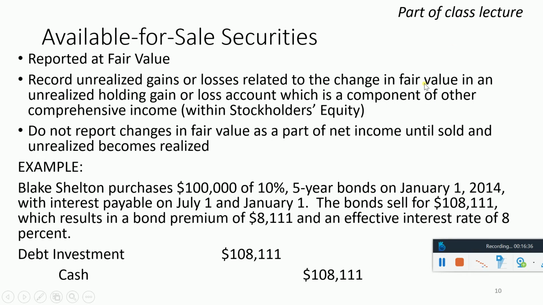So next up is available for sale securities. As the summary indicated, available for sale securities are going to be reported at fair value, and we are going to record any unrealized gains or losses related to the changes in that fair value in an unrealized holding gain or loss account, which, as I already mentioned, is a component of other comprehensive income within stockholders' equity.